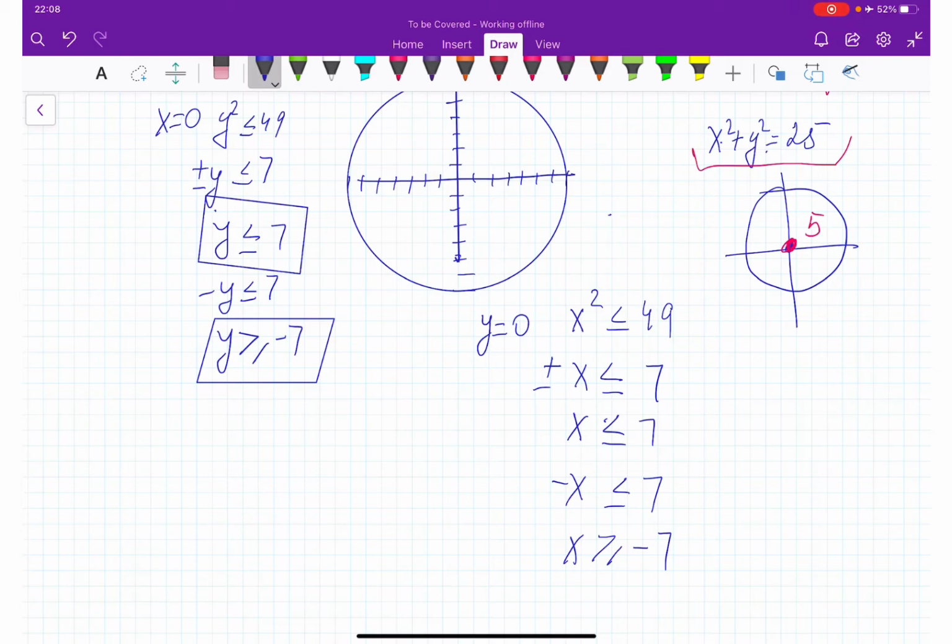So here our shaded area is x less than or equal to 7 and x greater than or equal to negative 7.